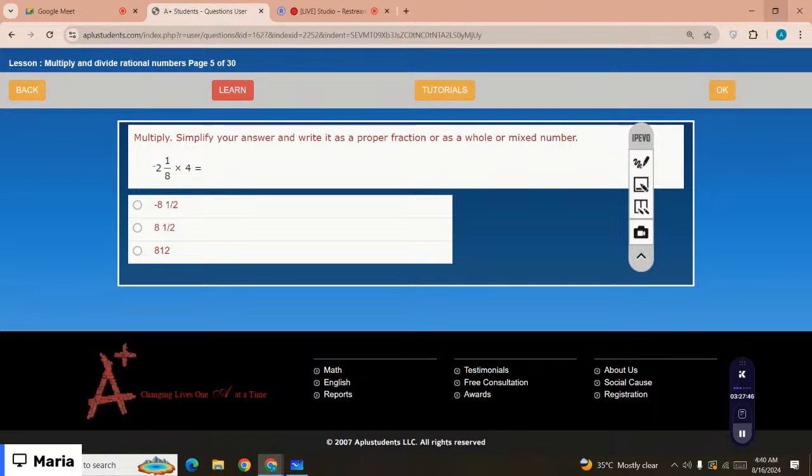Very good. The correct option is negative 8 whole 1 over 2. Option number 1 is the correct option.